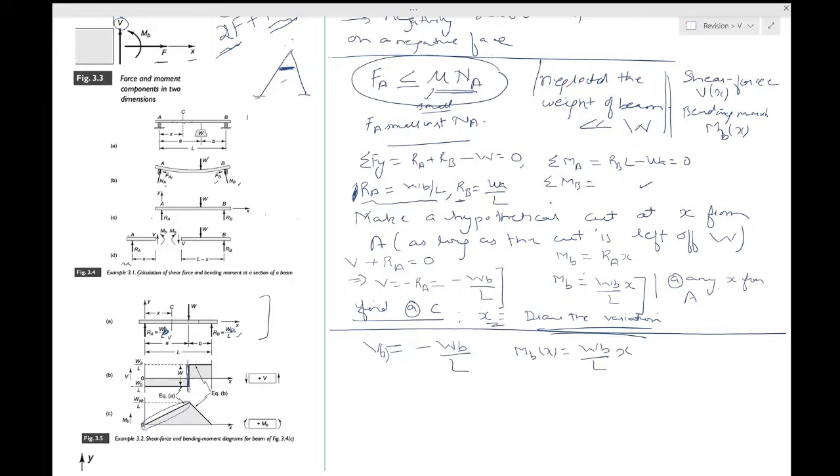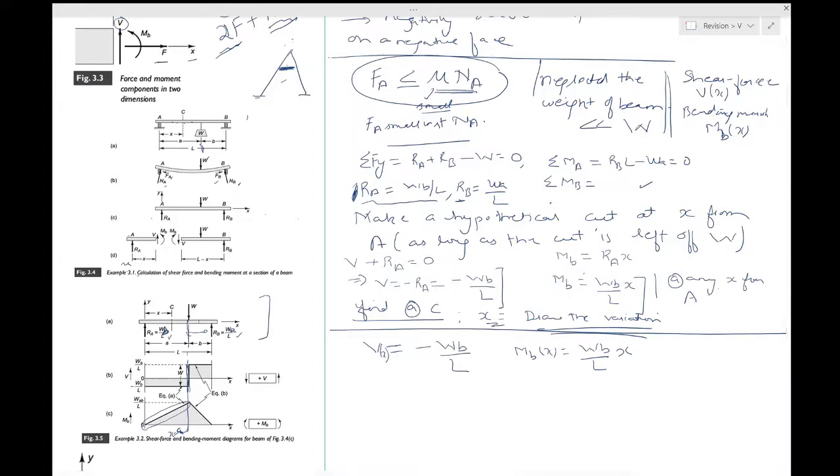But hold on, the beam doesn't actually end over here. The beam doesn't end at X equal to A. This is the point X equal to A, where this W is acting. What about the part between this weight and the end B?